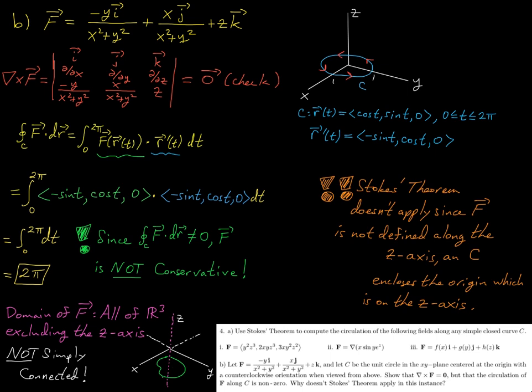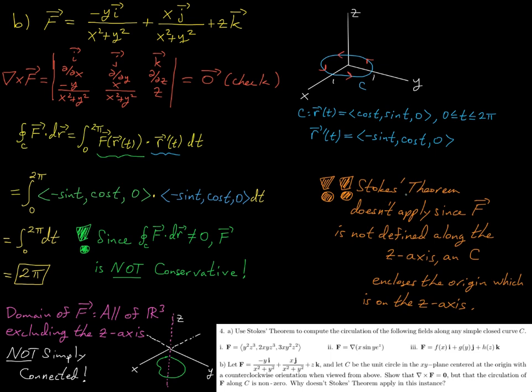And since I'm wrapping around the z-axis, no matter how I try to continuously deform this thing, if I'm going to shrink down to a point, there's no way I can do that and remain entirely in my set because of this barrier of the z-axis. So we're not simply connected here. And so that theorem from the last video just simply does not apply.